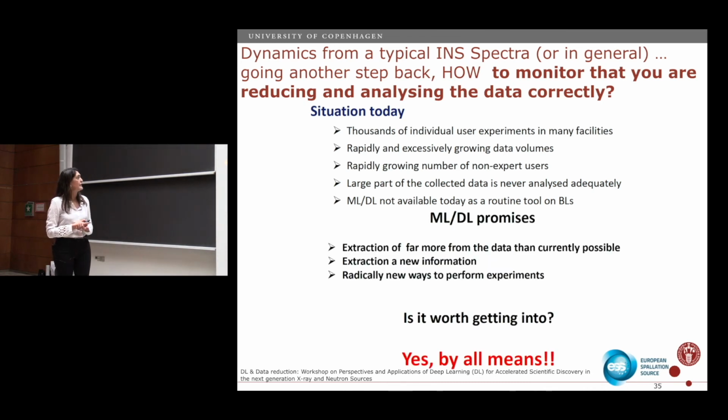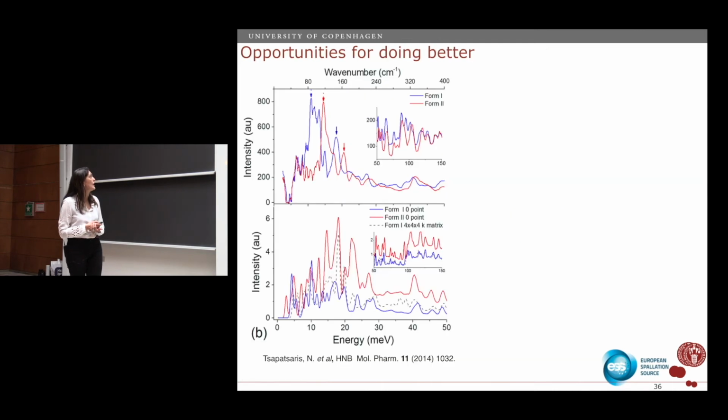And then the thing is, is it worth looking at the promises of machine learning and deep learning in order to extract the data that we have, or in order to get us to look at the data differently, in order to get us to think how to do measurements differently. So there are opportunities for doing better.